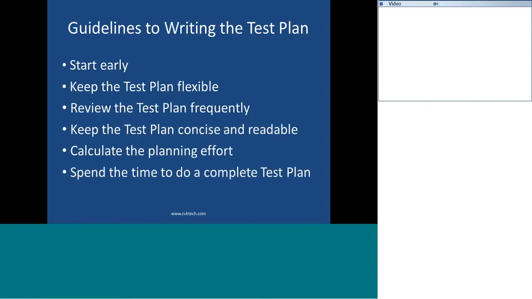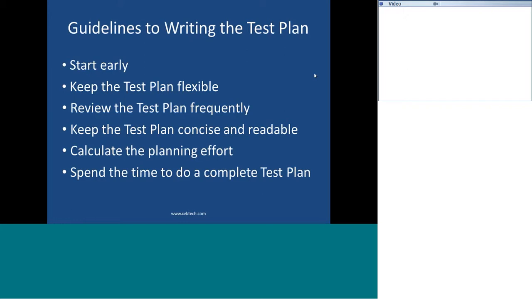The next one is the guidelines for writing the test plan. These are some of the things that one should keep in mind before writing the test plan. The first one is to start early. So when exactly do we start writing the test plan?